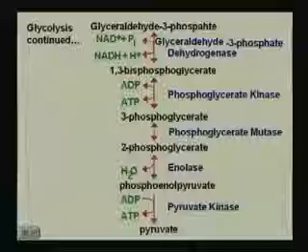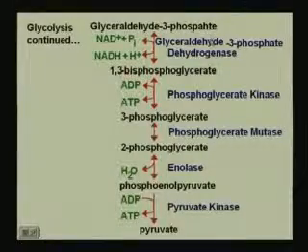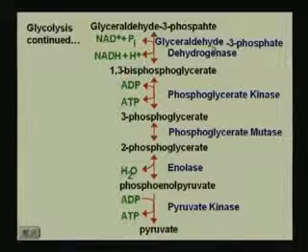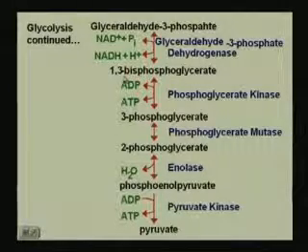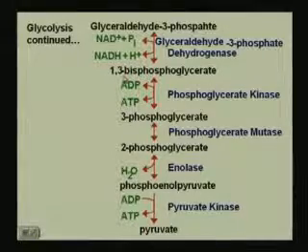NAD+ is getting reduced to NADH, and the enzyme is the dehydrogenase. Okay? So, we have glyceraldehyde-3-phosphate going to glyceraldehyde-3-phosphate dehydrogenase, and in the event it forms 1,3-bisphosphoglycerate.